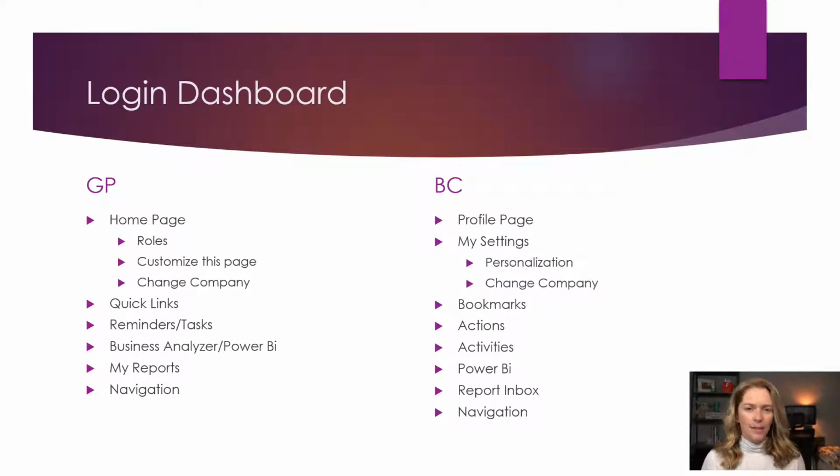Not drastically different, but it is obviously a little bit of a different functionality. Whereas in GP, you can click on those links from just the main page. So in Business Central, the main way to customize or get to some of those change settings is that My Settings area. And I'll show everybody that today when we're doing the demo.